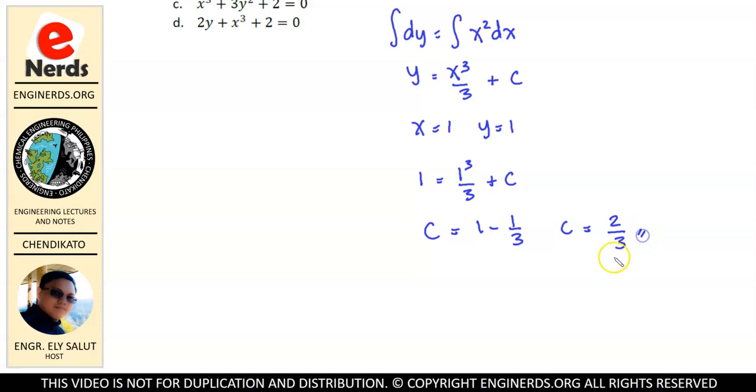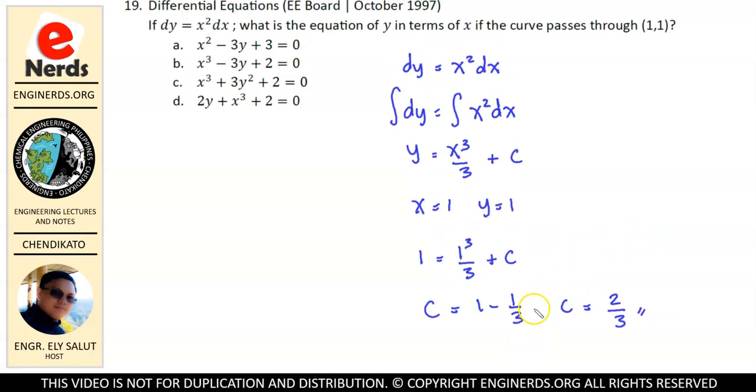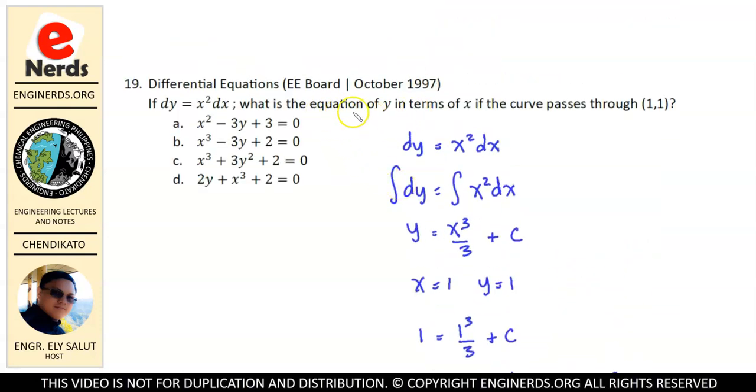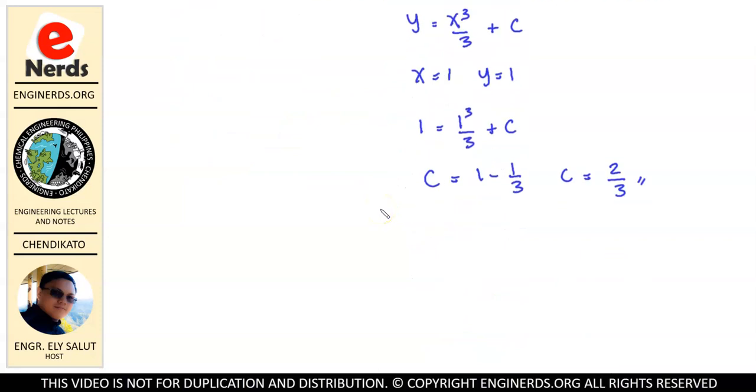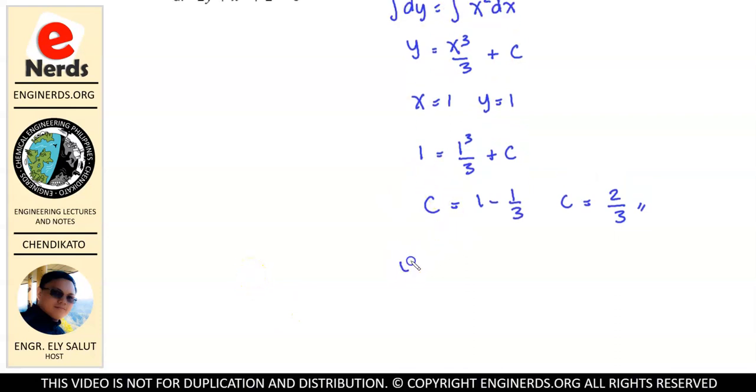So, nakuha na natin yung value ng c. Pero ang pinahanap sa atin is yung the equation ng ating curve. Okay? So, let us write this again. So, we have y is equal to x cubed over 3 plus c. Okay? So, ito yon, sinulat lang natin uli. Pero, alam na natin yung value ng c ngayon.